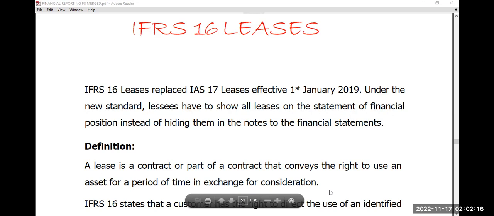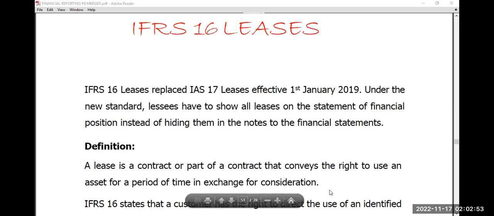When looking at the recognition, those are the conditions that are supposed to be met before we say that you have a lease. Then we can also look at the measurement. Having recognized that you are going to have leases, how are we going to measure, or which costs are we going to assign to these items as we incorporate them into our financials?